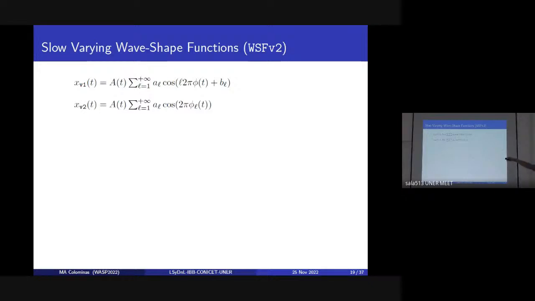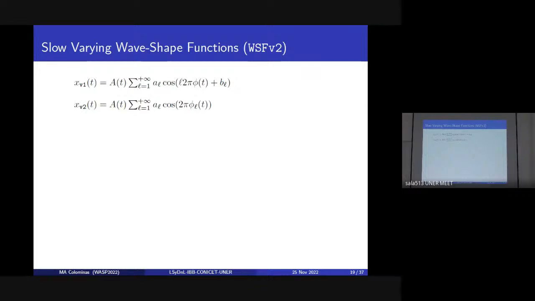Okay, so what we had is this at the beginning. Then we just generalized. We said the phases are no longer integer multiples. We can adapt much better to real biomedical signals, but still we only have one modulation in amplitude, meaning that the changes in the wave shape were only caused because of these non-integer multiples.